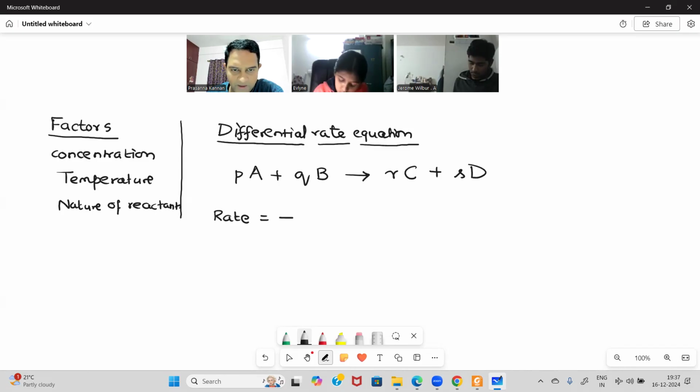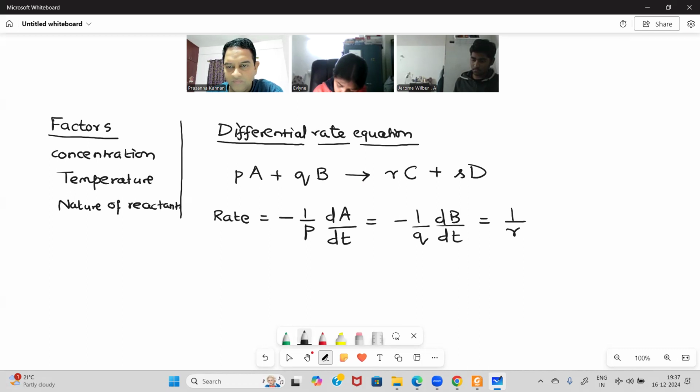So if you see, the stoichiometric coefficients will be in the denominator. I hope you know that. And for the reactants, we will have a negative sign because reactants' concentration decreases with time. And for the products, we will not have the negative sign.